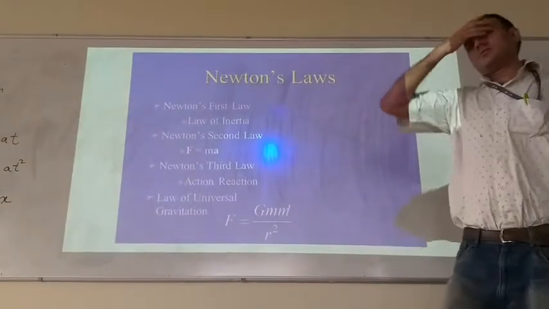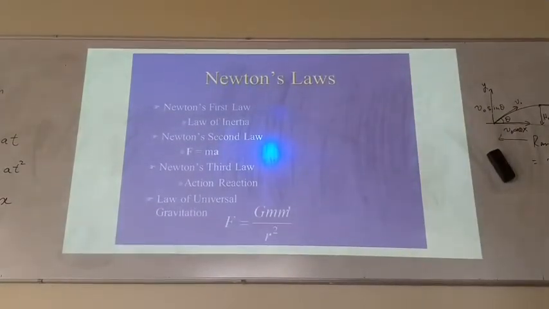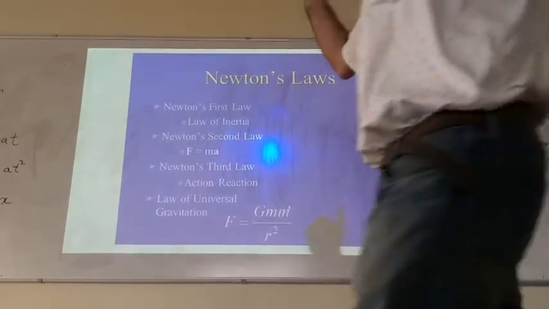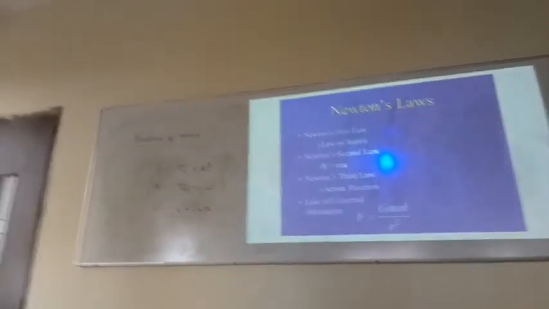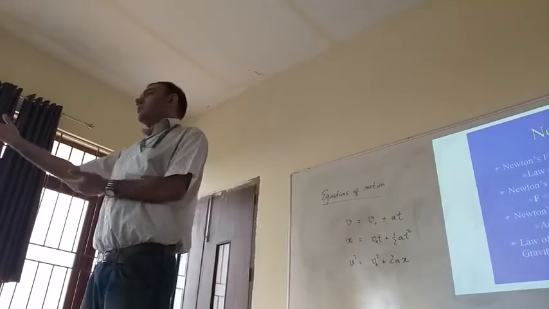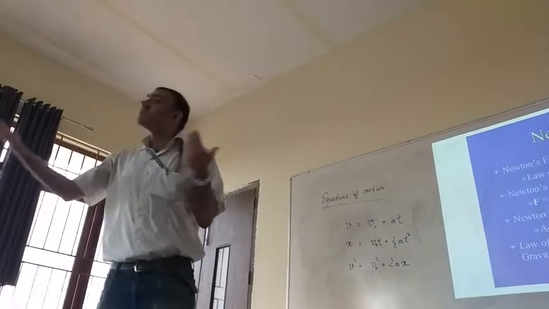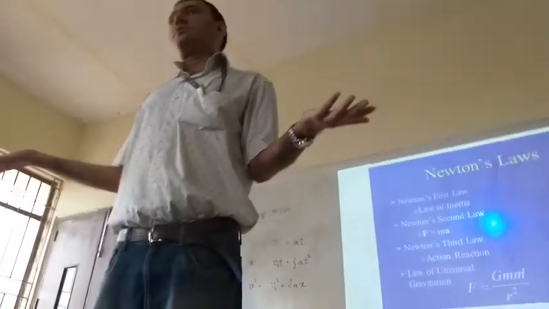So Newton's law. The first law is essentially that there has to be something external, an external agent which will actually bring a body from its state of rest to motion, and also vice versa. That external entity is something called force.